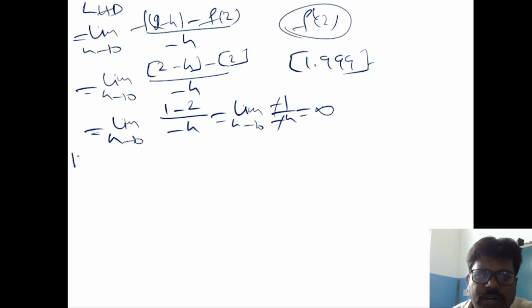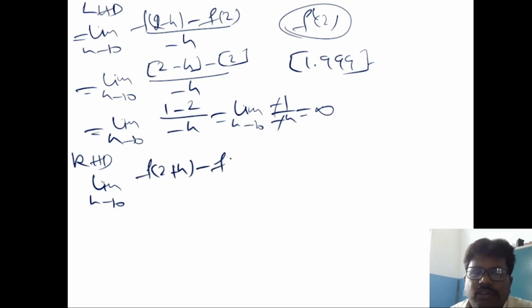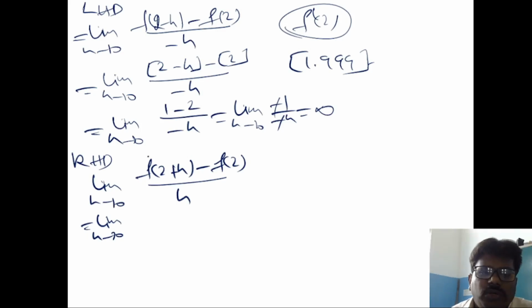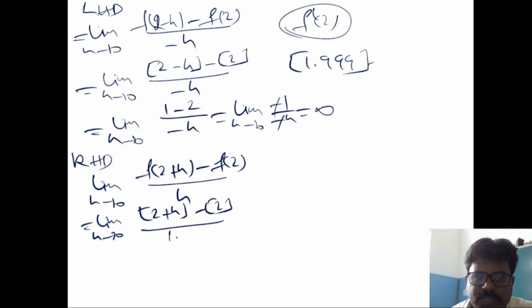So left hand derivative at 2 means f dash of 2 on the left side of 2 is infinity. Now right hand derivative we will check at c equals 2. So limit h tends to 0, f of 2 plus h minus f of 2 divided by plus h. So limit h tends to 0, greatest integer of 2 plus h minus greatest integer of 2 divided by plus h is equal to limit h tends to 0, 2 plus h means here 2.1 suppose.